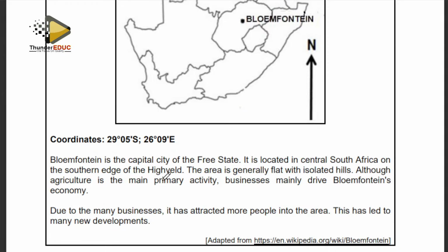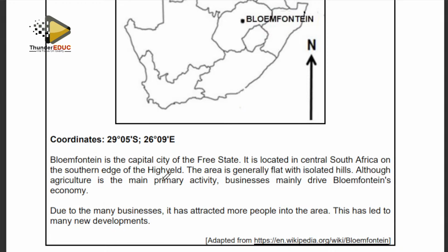The first question. It says, the topographic map or orthophoto map. Are we together?